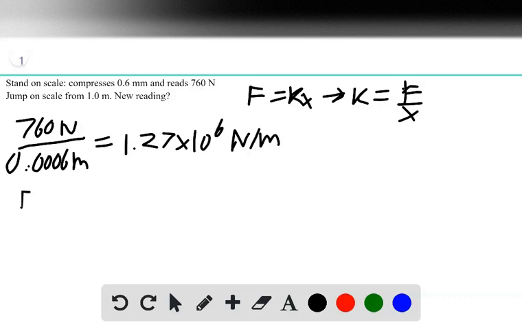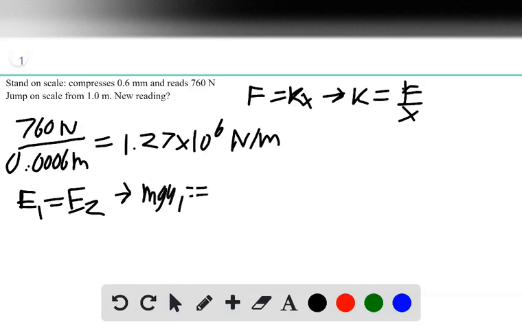The next thing we need to do is a conservation of energy between 1, which is before you jump, and 2, which is after you jump. We're going to assume you're starting from rest, so there's no v, so there's no kinetic energy. On the left side for 1, we just have mgy1.